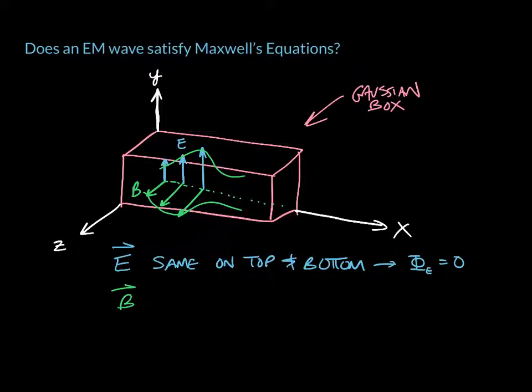B is the same top and bottom of the Gaussian surface. So the magnetic flux is 0. So Gauss's laws check out. Okay? And everything that goes into the box comes out of the box. Net flux is 0 for the box. Yay.